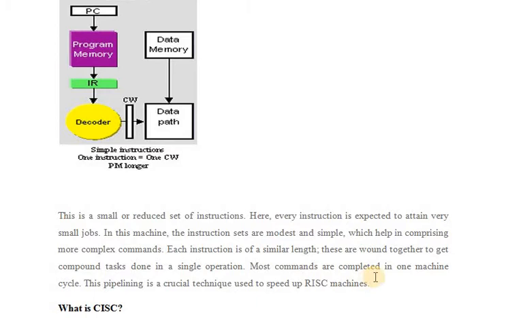Most commands are completed in one machine cycle. Pipelining is a crucial technique used to speed up RISC machines. So this is the architecture of RISC: simple instruction, one instruction equals one CW, PM longer.